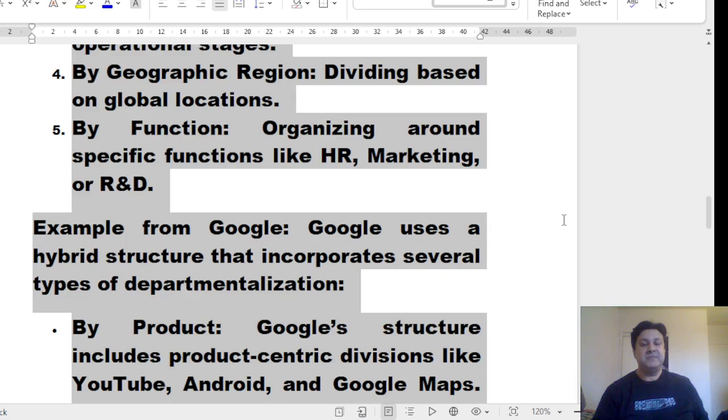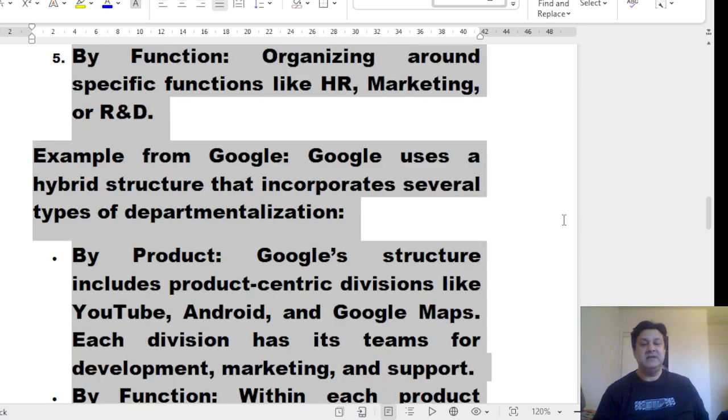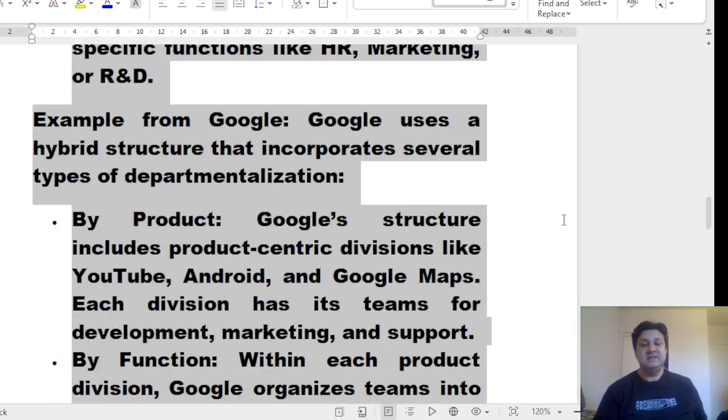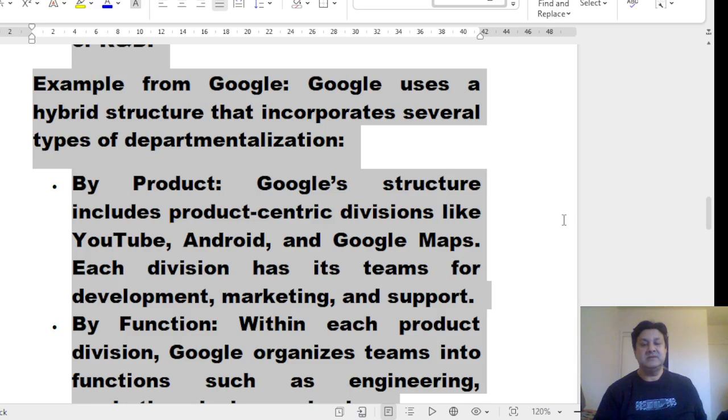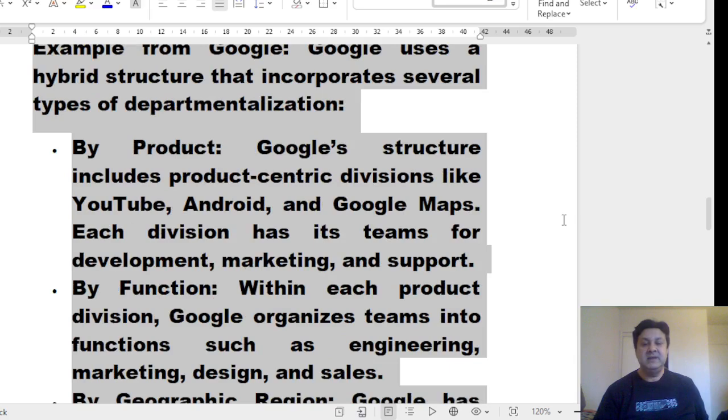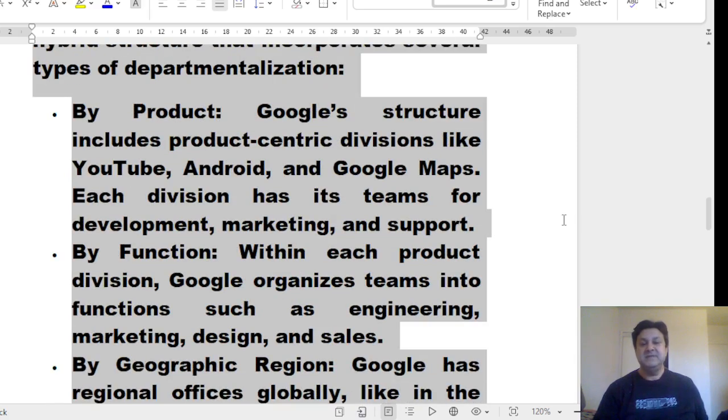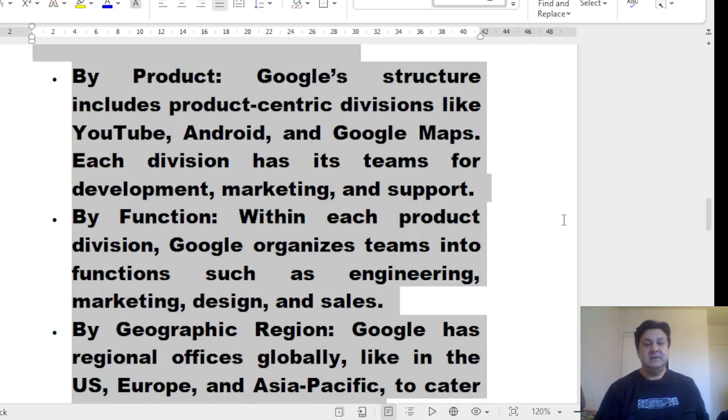Examples from Google: Google uses a hybrid structure that incorporates several types of departmentalization. By product, Google's structure includes product-centric divisions like YouTube, Android, and Google Maps. Each division has its teams for development, marketing, and support. By function, within each product division, Google organizes teams into functions such as engineering, marketing, design, and sales.